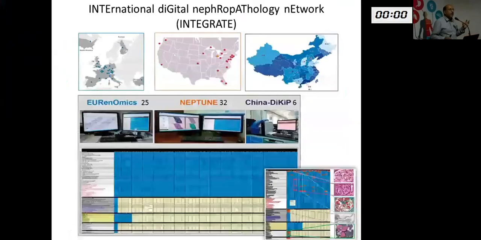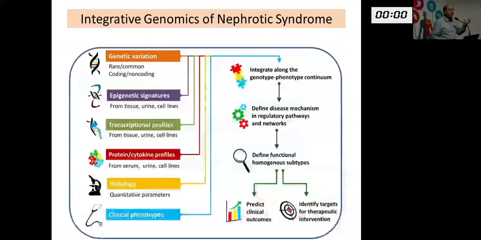Shifting again, all this information can be integrated in different countries, Europe, America, and in China. And this information can be shared across networks to harmonize tissue. What about one single tissue from womb to tomb? It's possible too.